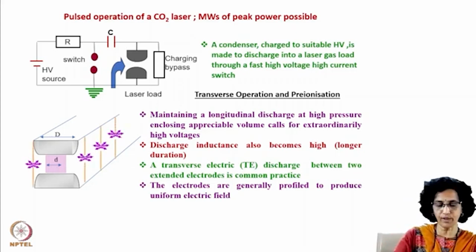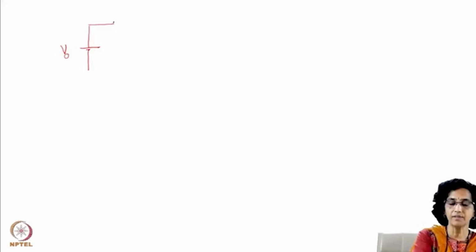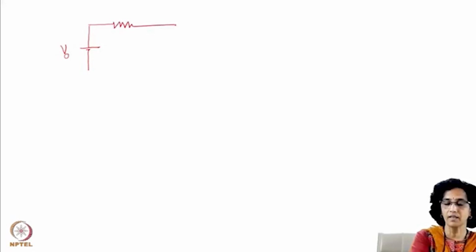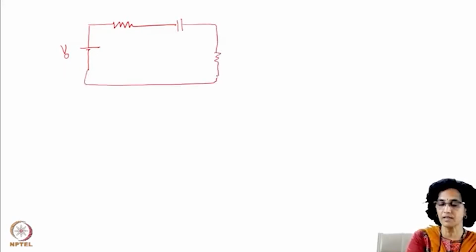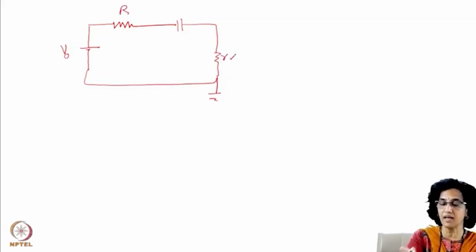Basically you have a high voltage supply, say V0, and you charge a condenser through this. This is the charging bypass, which is grounded. So this is R and this is R. What is the requirement of this R? I will tell you in a moment.